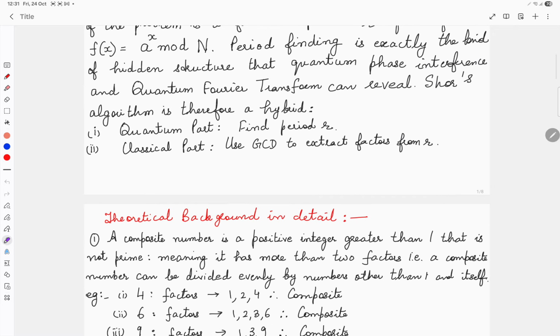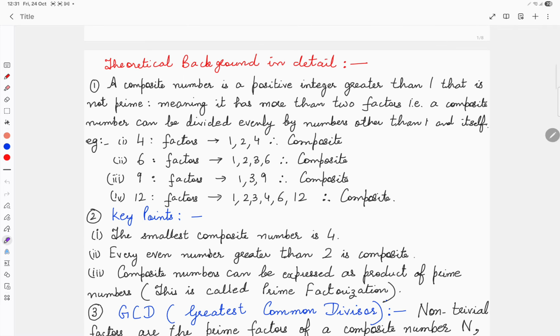So let us see what is a composite number first of all. A composite number is a positive integer greater than 1 that is not prime. So what does it mean? For example, let me take the case of 4. Now 4 is a composite number. How? Because it will have factors 1 and it will also have factor 4.